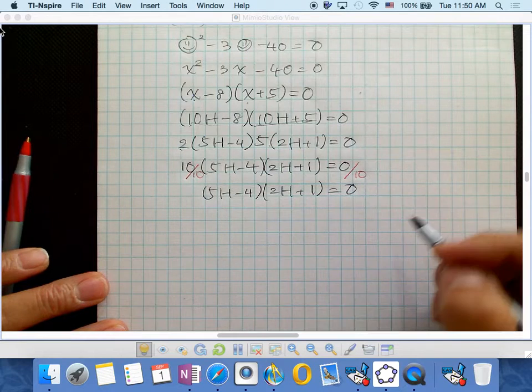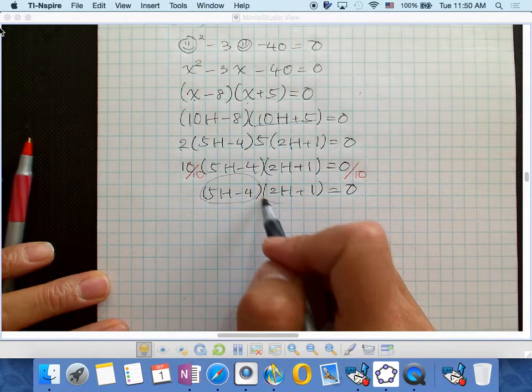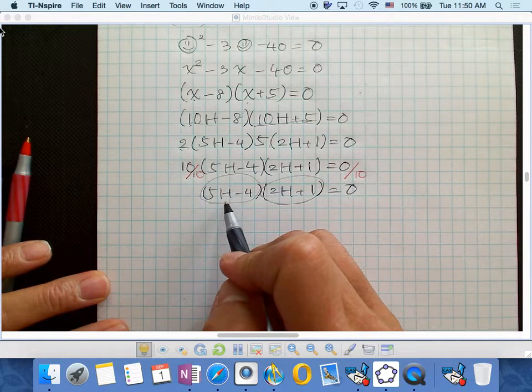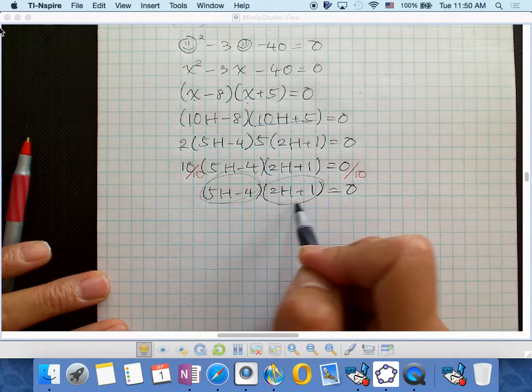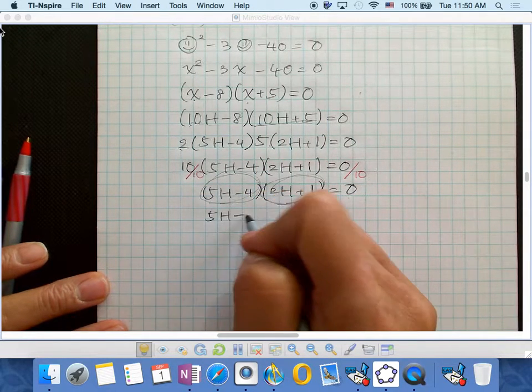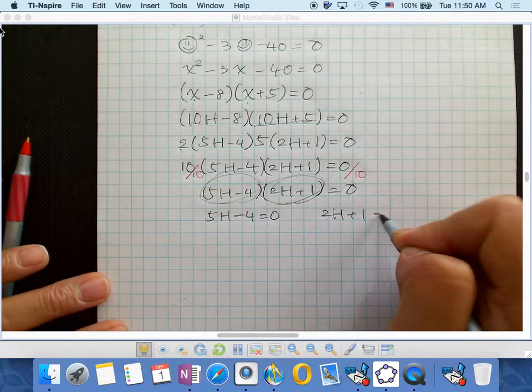By the zero product property, whatever this is times whatever this is equals 0, which means either this or this must be 0. So I'm going to set each equal to 0: 5h minus 4 equals 0 and 2h plus 1 equals 0.